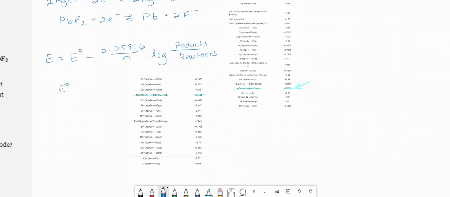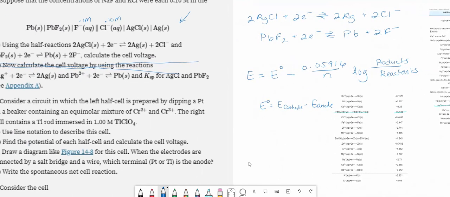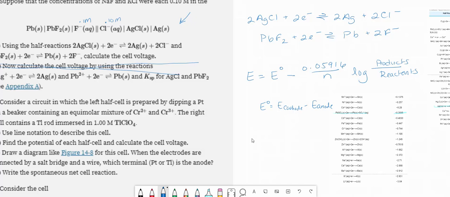So to find the E naught value, I need the E of the cathode minus the E of the anode. Well, the anode is the one on the left in the cell notation. Let's go back over here. So the lead is going to be the anode. That means the silver is the cathode. So I need 0.22 minus a negative 0.350, and that's going to be my E naught. So the E naught value I get is a positive 0.57 volts.